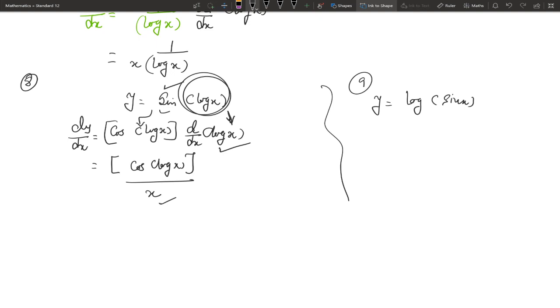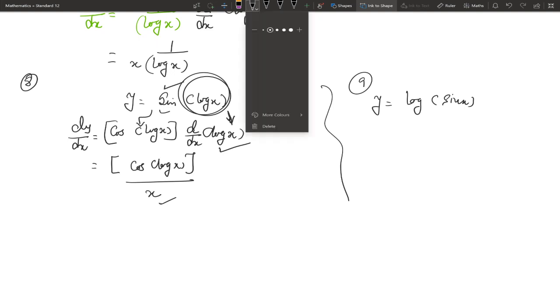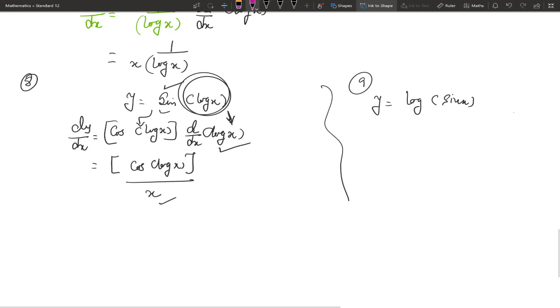Here when we differentiate log of sin x, first we use the formula d by dx of log x, it is 1 upon x.